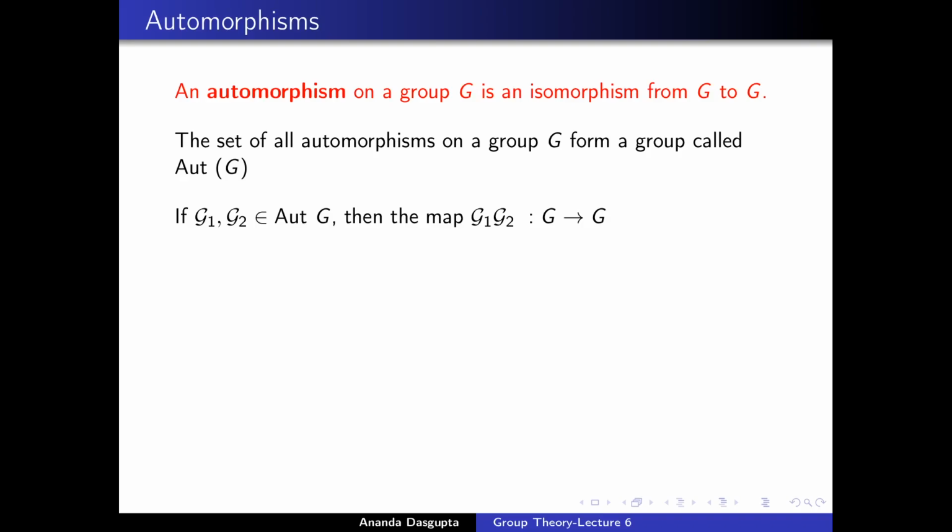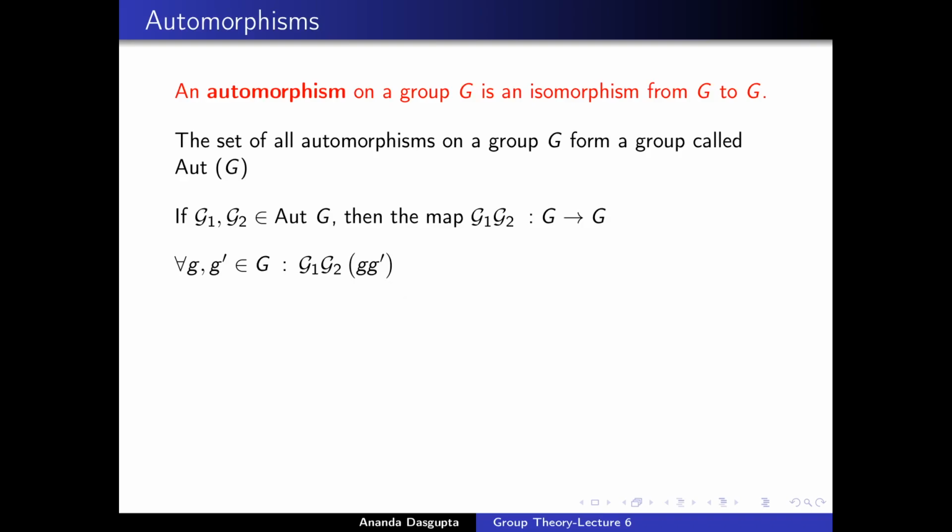But the question is, does curly G1 curly G2 preserve group structure? Acting on a product g g prime, what does it do? Well, for all small g and small g prime in capital G, curly G1 curly G2 acting on g g prime is really curly G2 acting first and then curly G1 acting on the result.